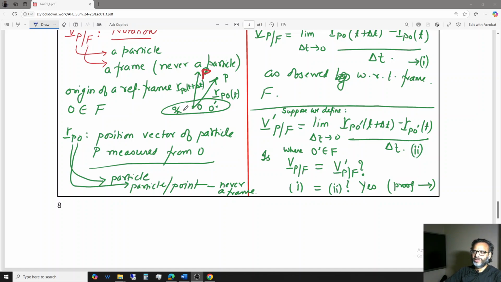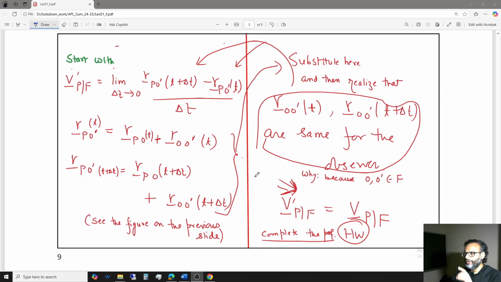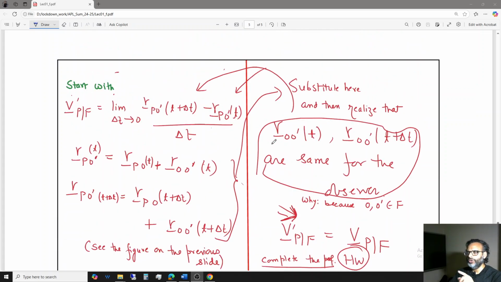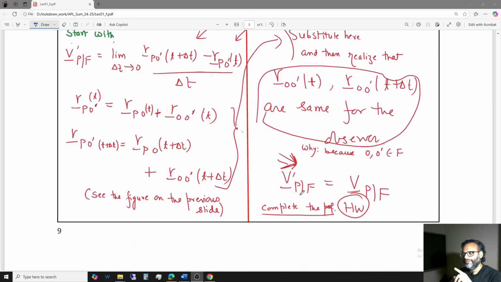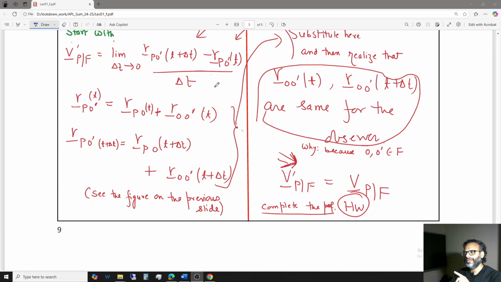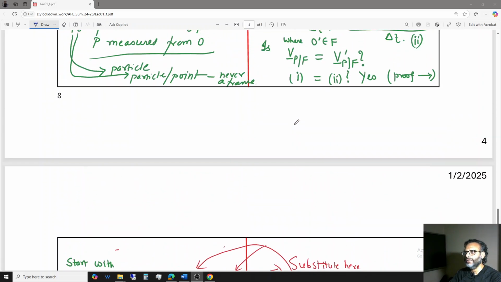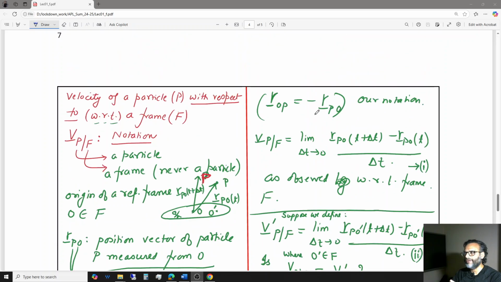So the vector O prime O at time t and time t plus delta t are the same. If you use this simplification, you will be able to conclude that the expression I have for V prime PF is identical to the expression I have for VPF here.